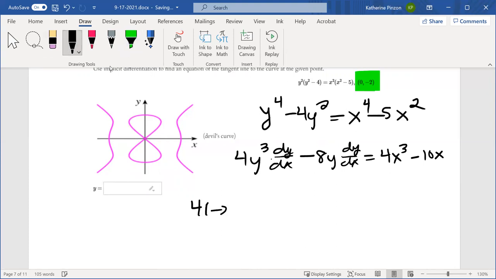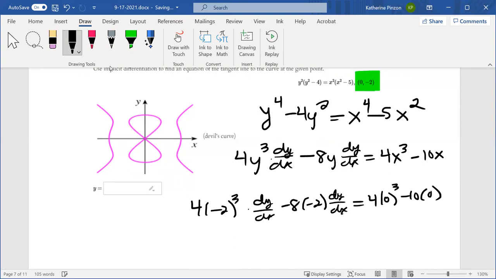So 4 times -2 cubed dy dx minus 8 times -2 dy dx is 4 times 0 cubed minus 10 times 0. What do you get on the right-hand side? 0. So my slope is 0. Look, I'm at this point right here.